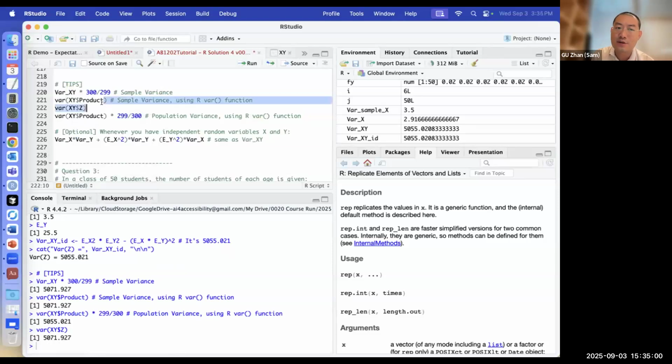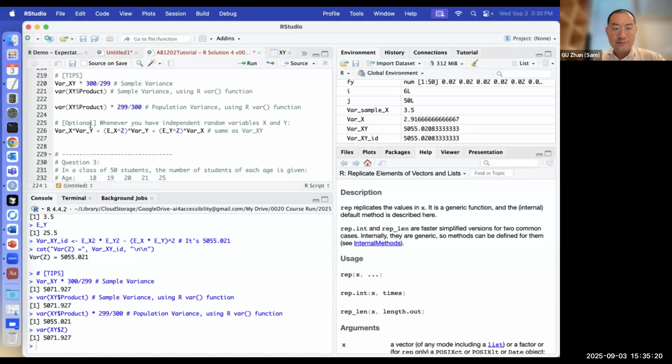This is because it's actually calculating the sample variance. Instead of using f(x) as 1/300, it is using 1/(300 minus 1). So the internal R function is calculating the sample variance. Just for your awareness.